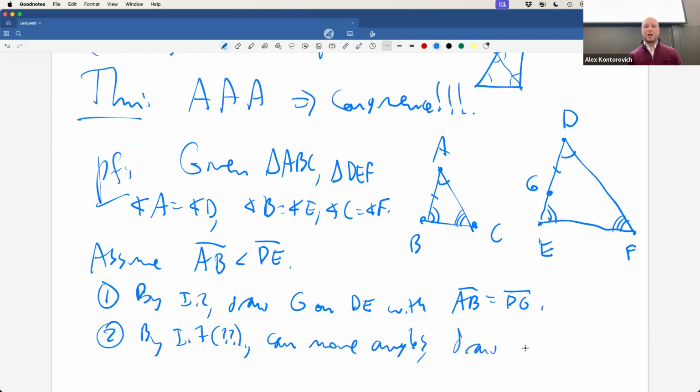So draw an angle at G equal to the angle at B, which is the same as the angle at E. So I'm going to move this angle over to G. These are all things that happen well before Euclid touches a parallel postulate. We're not assuming the parallel postulate to make these moves. Okay? So I have a new point H.